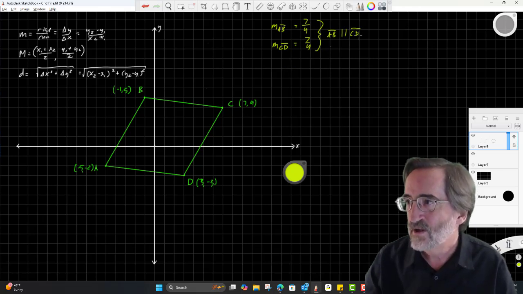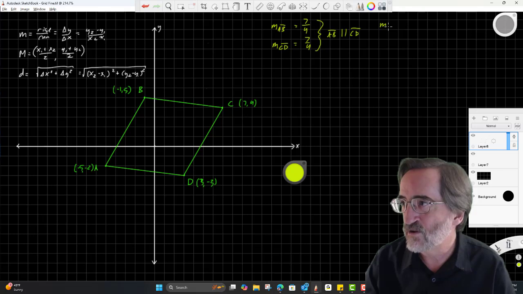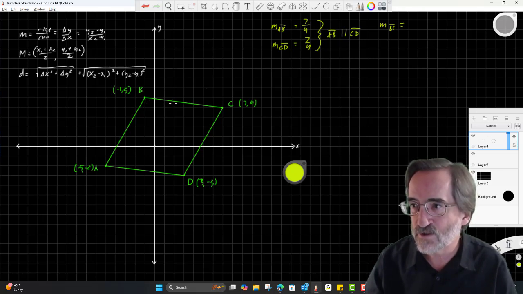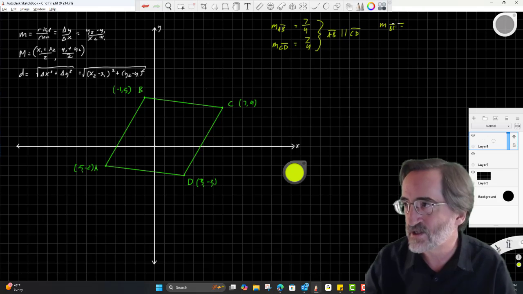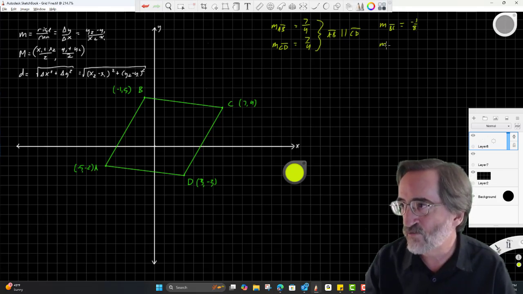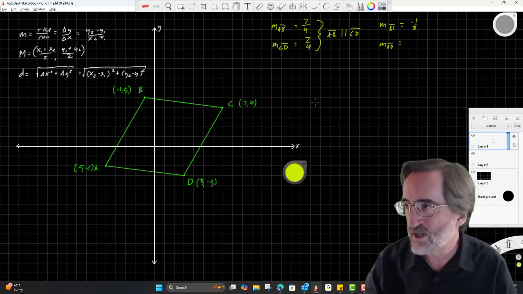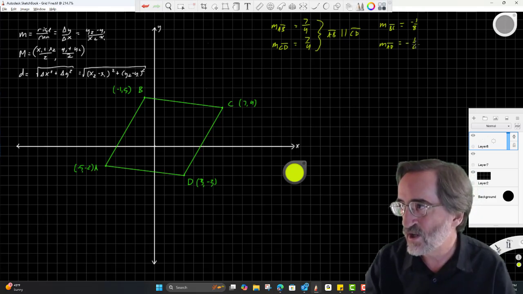Okay. Likewise, I can find the slope of BC. Slope of BC is down 1 and over 8. Down 1 over 8. The slope of AD, which spells mad, is down 1 and over 8. So negative 1/8.